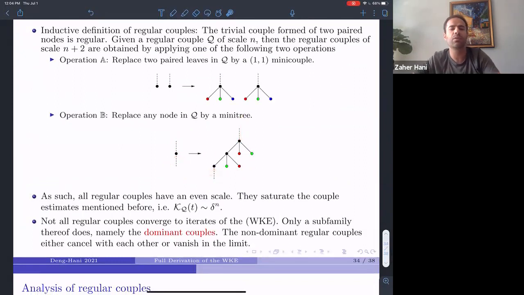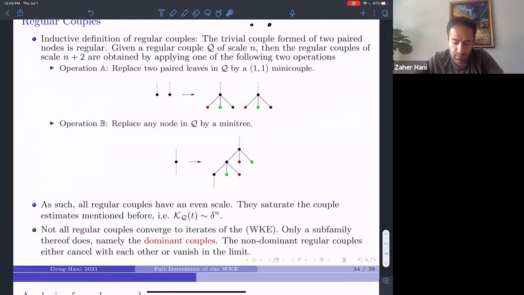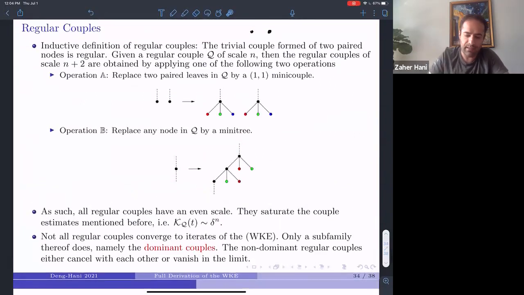And this gives you all the regular couples. As such, the way they are defined over here, all regular couples have an even scale, and they actually turn out to saturate the couple estimates mentioned before, and their estimate is around delta to the n.